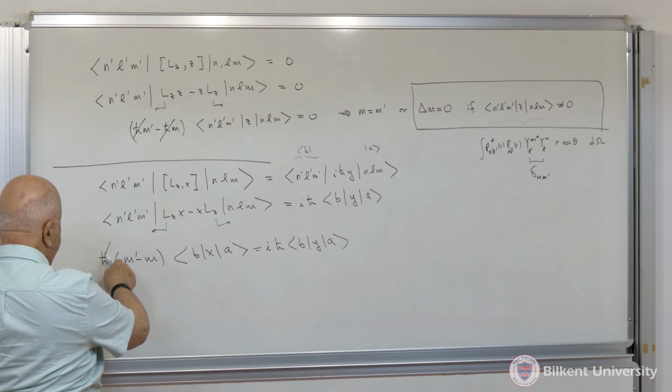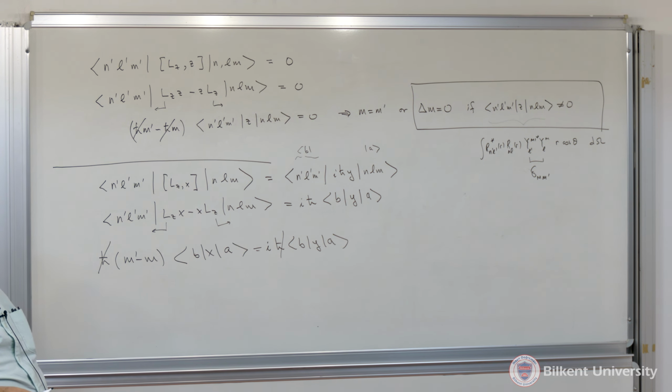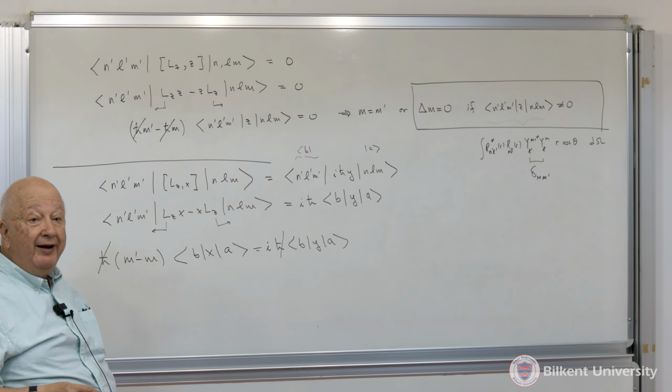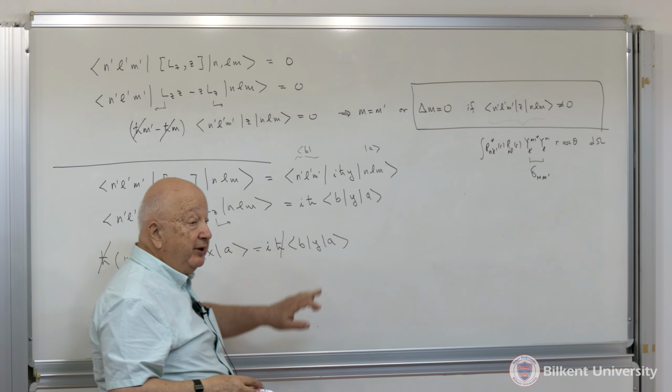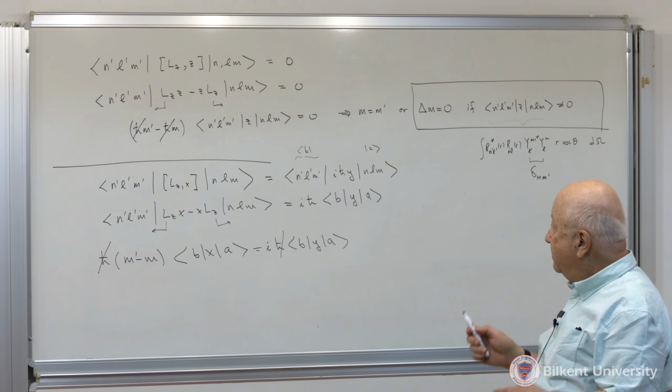I cancel ħ's. So that's nice. This just says that if you know, for example, the expectation value for X, you can get what the expectation value for Y is. So they are just related.